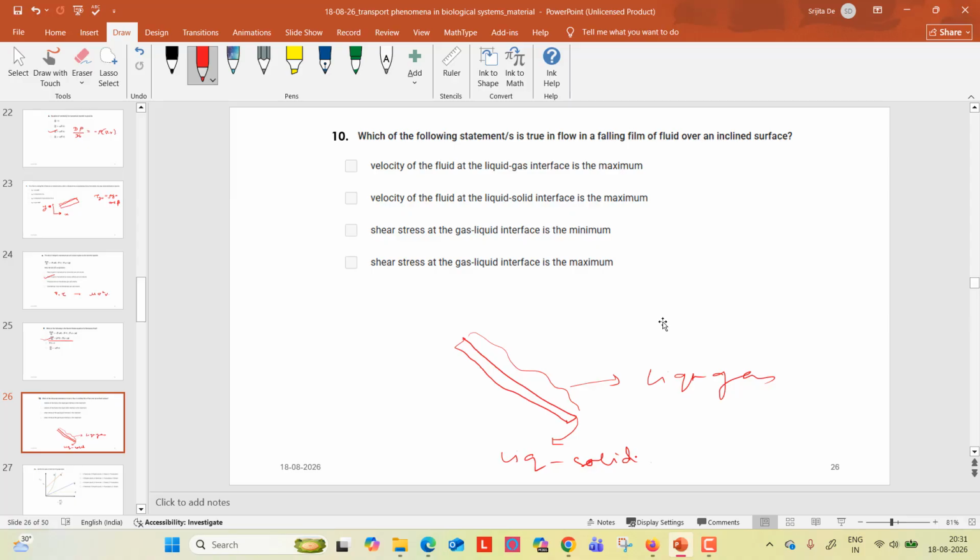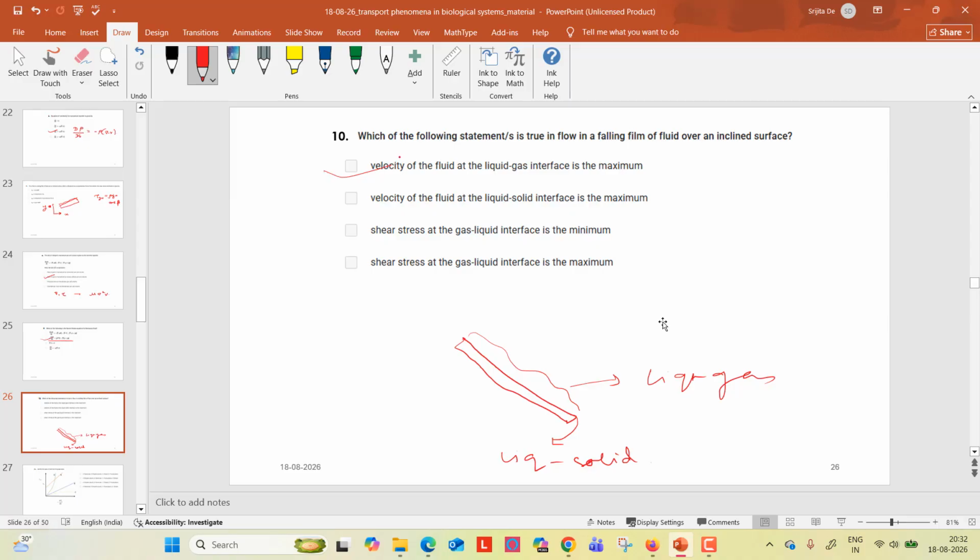That velocity of the fluid at the liquid-gas interface is the maximum, right? Because here the velocity is facing a resistance because of the friction with the substrate. So the velocity cannot be high there. So it is the first option. Velocity of the fluid at the liquid-gas interface is the maximum.